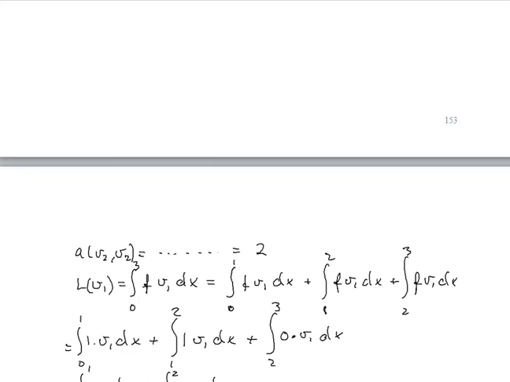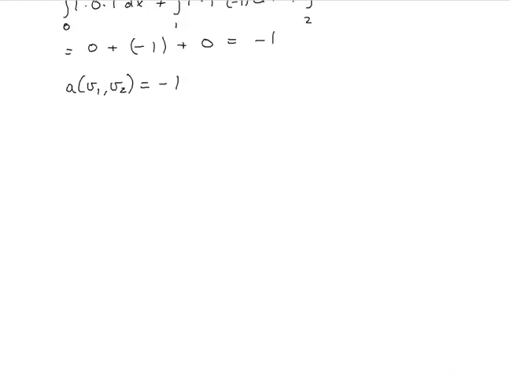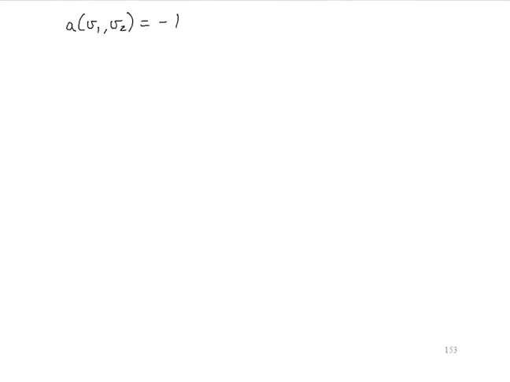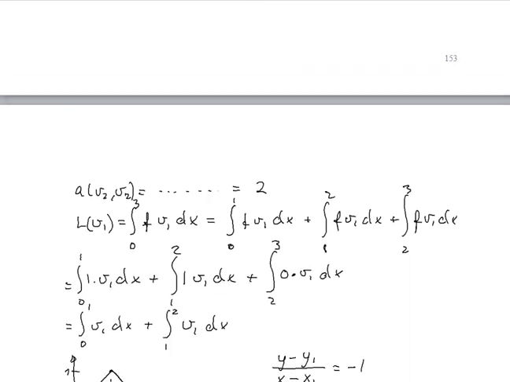Moreover, as you know, this bilinear form is symmetric. So we know that a v2 v1 is equal to minus 1 also. So then we have all these 4 elements of the matrix.